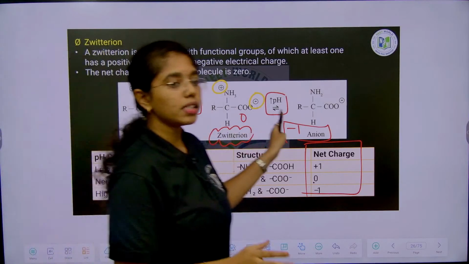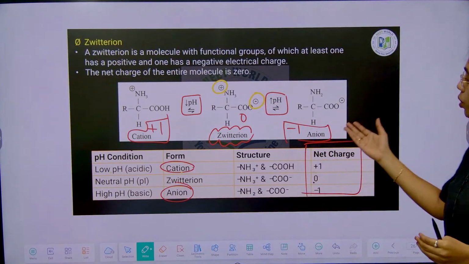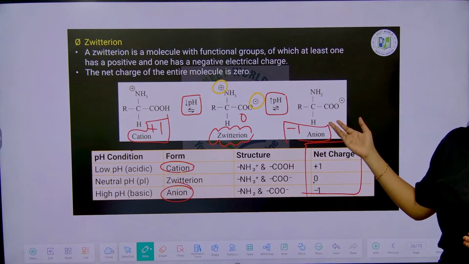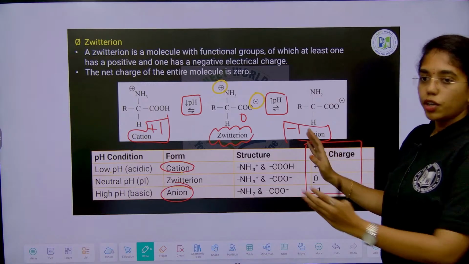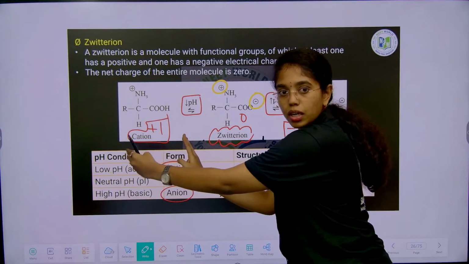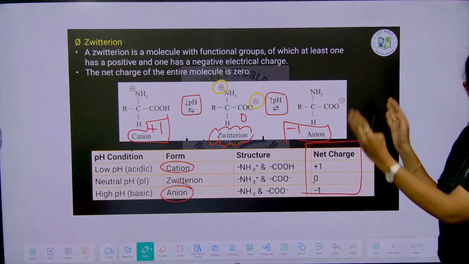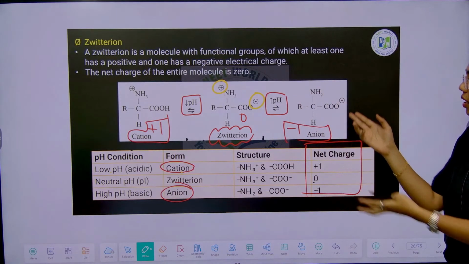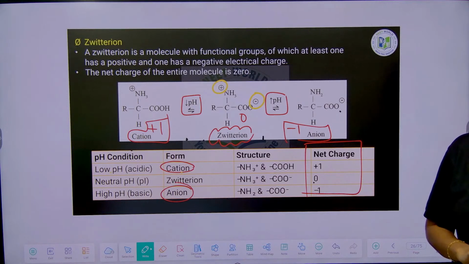If you are increasing the pH, then the solution gets basic, and this turns out to be an anion where the net charge is -1. So, neutral solution, acidic solution turns it to a cation with net charge +1. Increase the pH, this turns to a basic solution and the amino acid gets a negative charge, it turns to an anion. That is all.